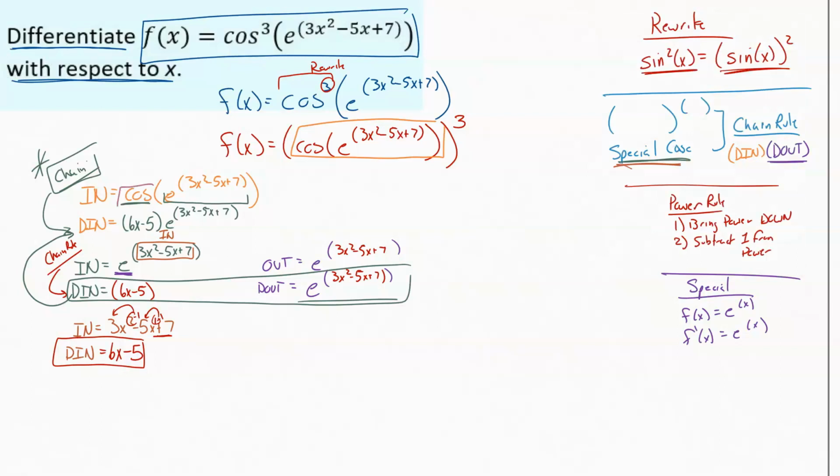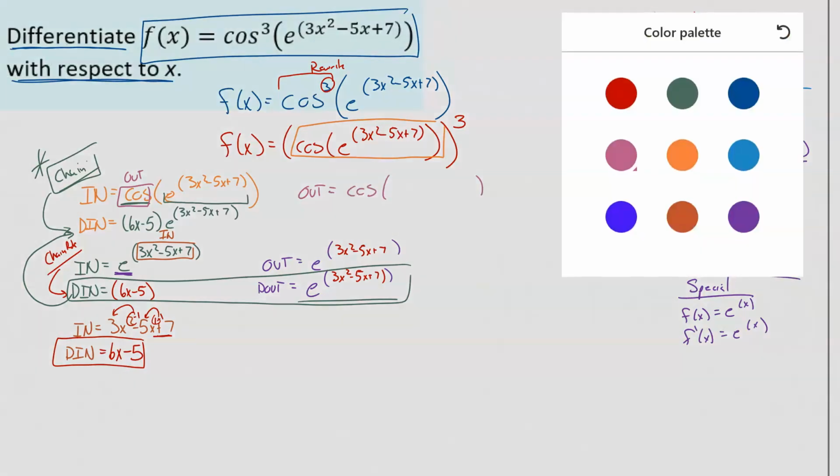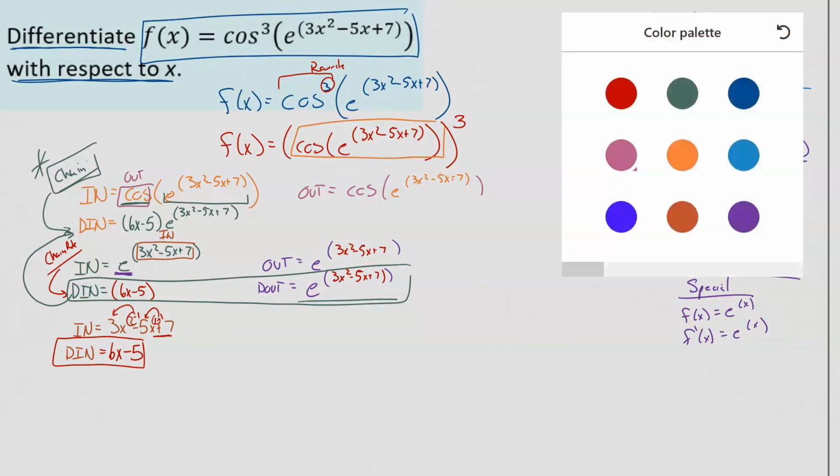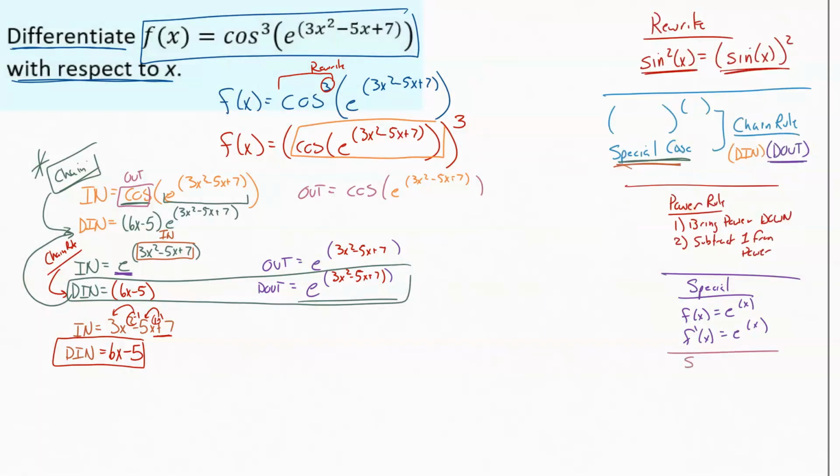So the outside piece here is going to be this cosine function. It's going to be the cosine of all that junk. And again, we don't care. It's just going to be coming along for the ride. And so the d out on this is another special case. The derivative of cosine is one we just have to have memorized.